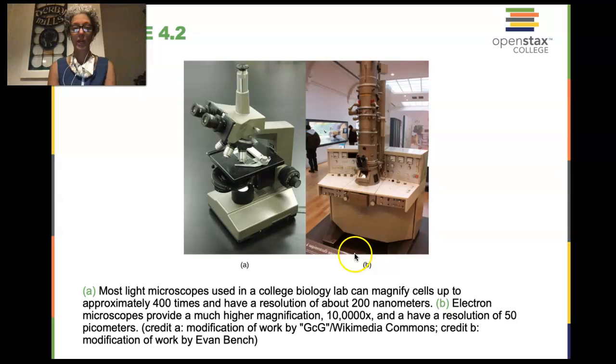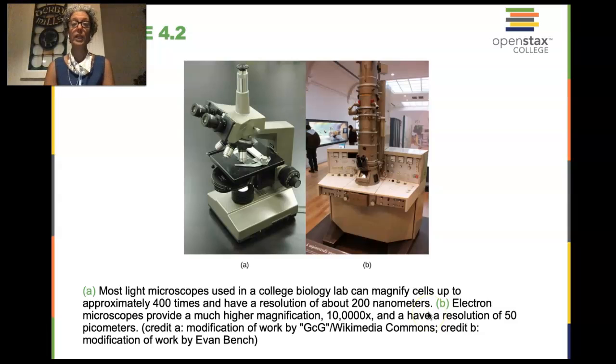On the right-hand side, this is an electron microscope. The stage is not this whole table. This whole table is necessary to house all of the electronics needed to run the microscope. And this is the tower through which the electrons are passed.